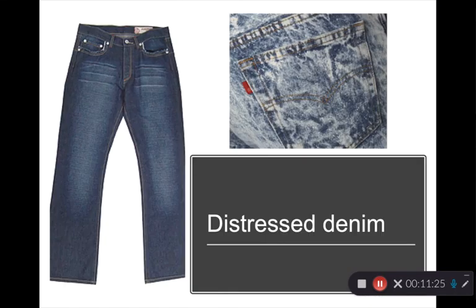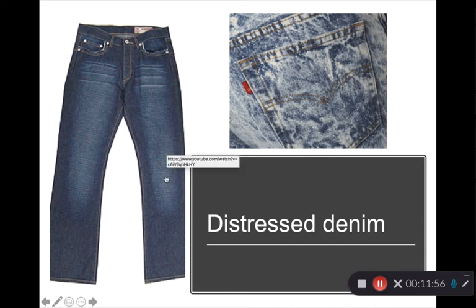Indigo is a dye that can sit on the surface of a yarn. It doesn't absorb really well. And so, as you know from your jeans, as it wears, you can see the lighter colors of the fibers underneath. And you get these acid or stone wash effects by manipulating how indigo adheres to products.